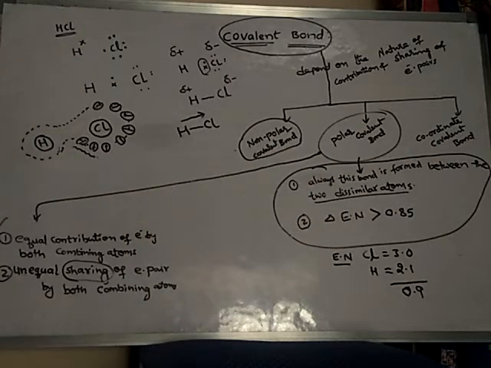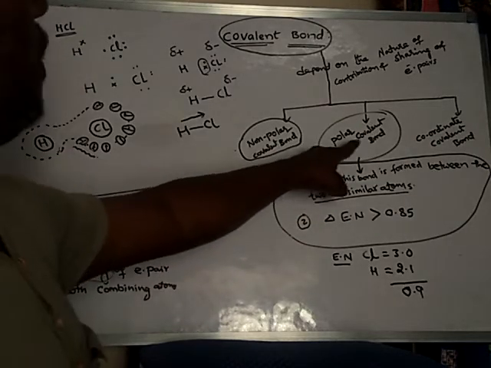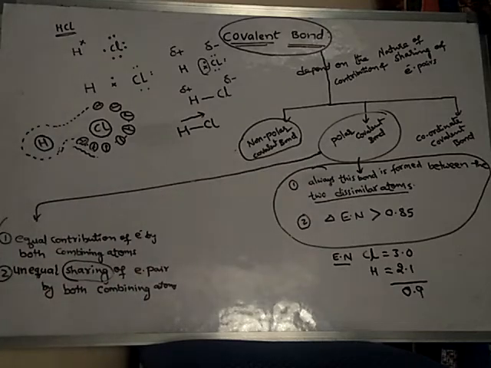During the formation of a polar covalent bond, equal contribution of electrons by both combining atoms and unequal sharing of electron pairs by both combining atoms take place. Like this, polar covalent bond formation will take place.